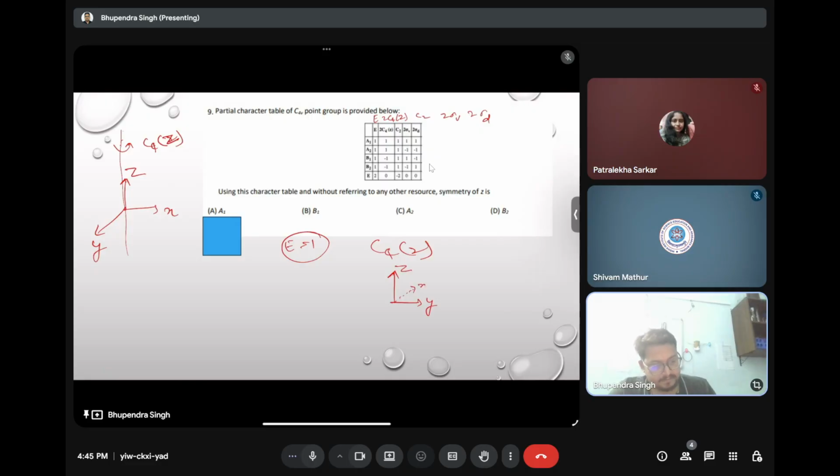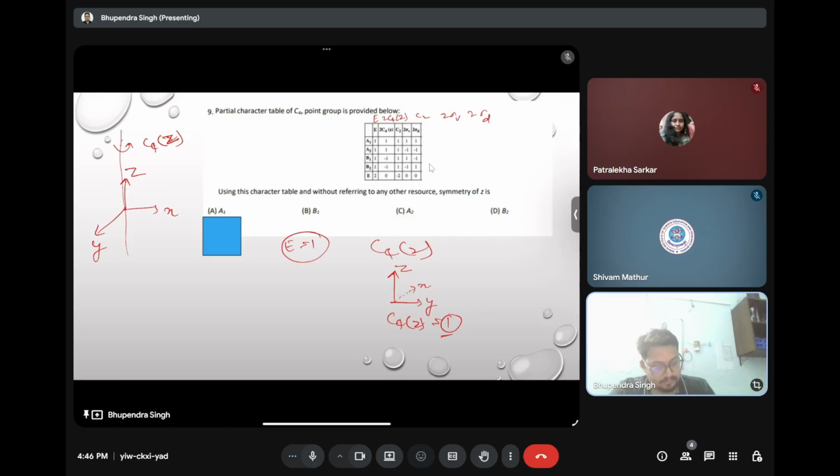So C4 z is also 1. Your axes have rotated, and if you consider your basis as Cartesian coordinates, then they have not become plus to negative. So that is why this is 1.